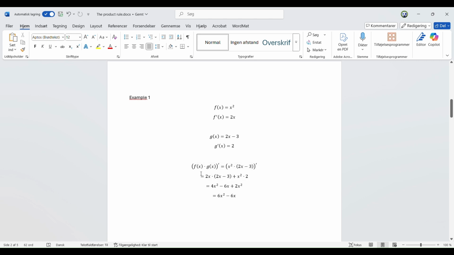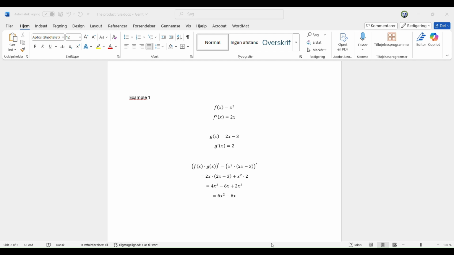And we have to use this down in this expression, so we find the first order derivative of this product. That would be the first order derivative of x squared times 2 times x minus 3 in brackets. We find the first order derivative of f of x, then we multiply it by g of x, plus f of x times g prime of x.